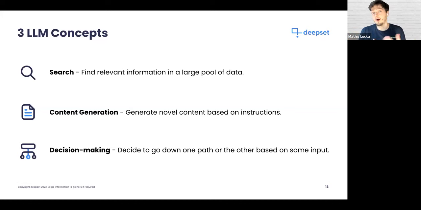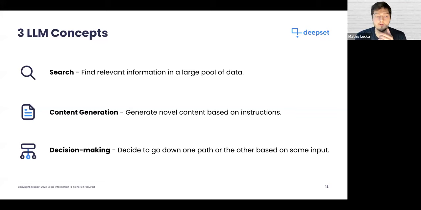The next one, content generation, is whenever your model generates novel content. Let's take an AI model that generates a sales email, sales outreach email. That's content generation. And then decision making is pretty interesting. That's when your system or your model decides to go down one path or the other.